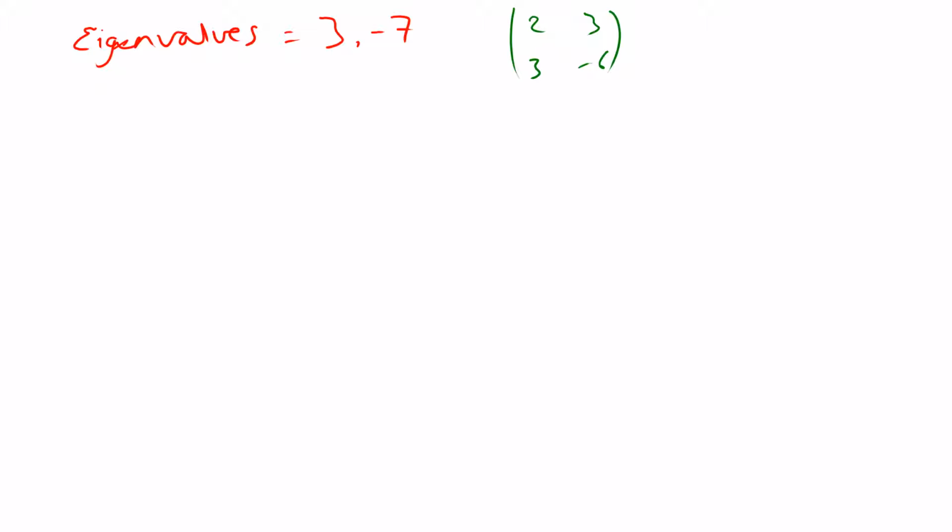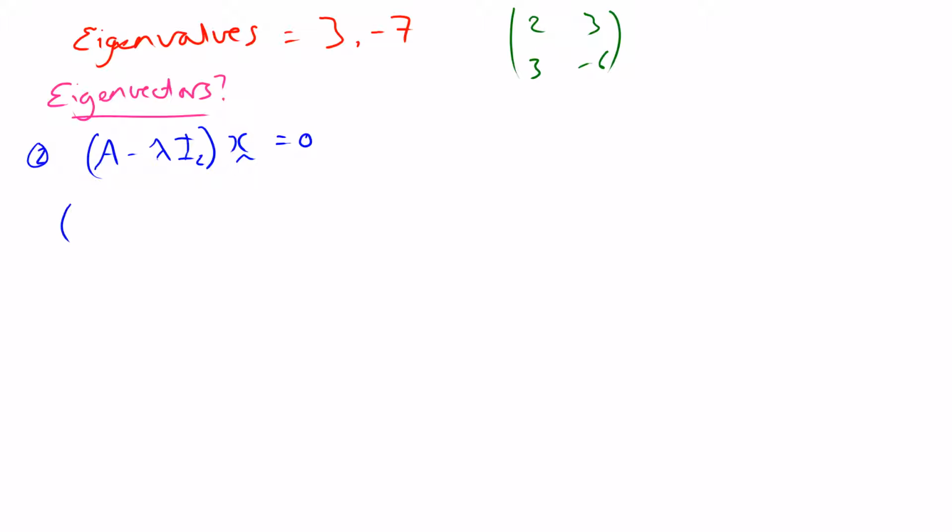So now we want to find out what the eigenvectors are. To do this, we are going to solve another equation. This time the equation is A minus lambda I lots of the vector x is equal to 0. So we had our matrix A minus lambda I, where I is I2, and that was 2 minus lambda, 3, 3, -6 minus lambda.